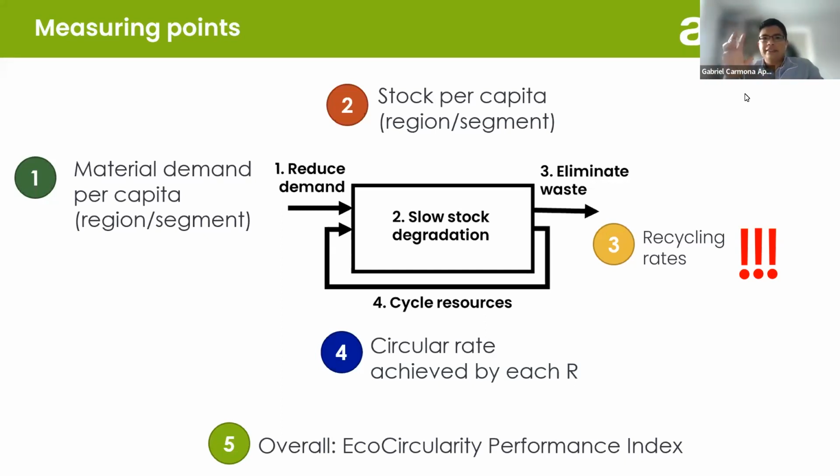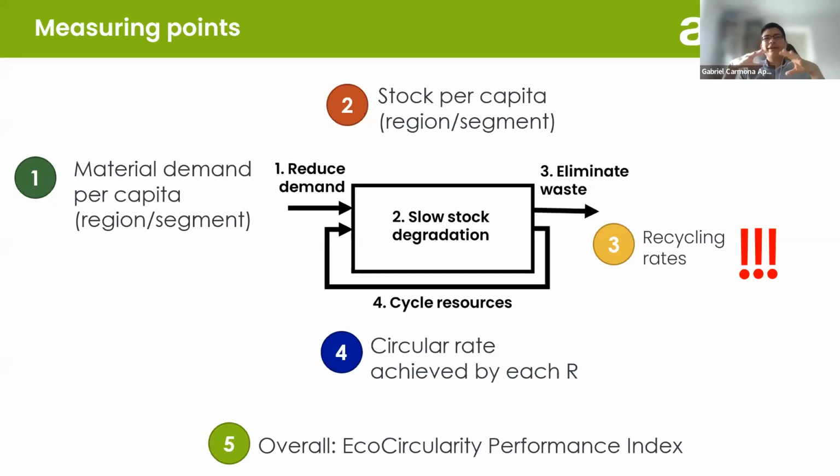Then we have the slow stock degradation, and how can I measure the high quality service levels. I can use, for example, stock per capita, which can also be measured by region or by segment. And the eliminate waste. I put an exclamation mark here because we are very focused on recycling rates.